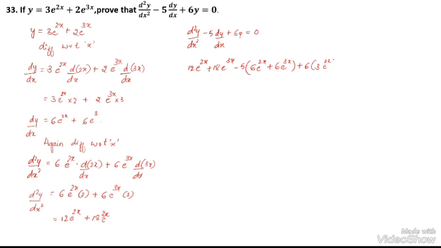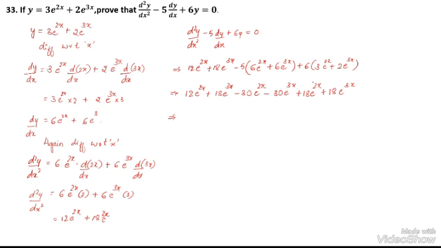Now taking the multiplication, here 12 e to the power 2x plus 18 e to the power 3x, minus into plus becomes minus, 5 times 6 is 30 e to the power 2x, and minus into plus is minus 30 e to the power 3x, plus 6 threes are 18 e to the power 2x plus 6 twos are 18 e to the power 3x.